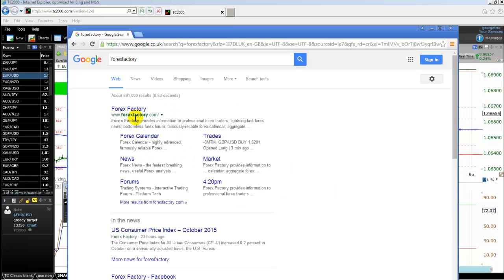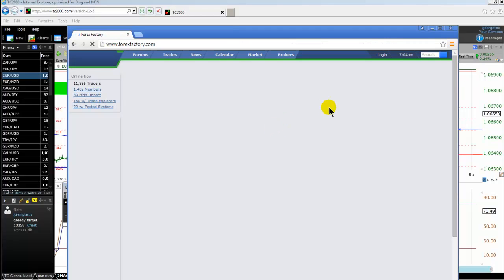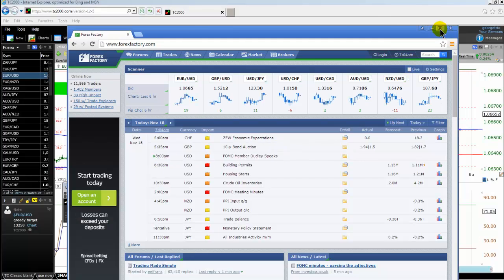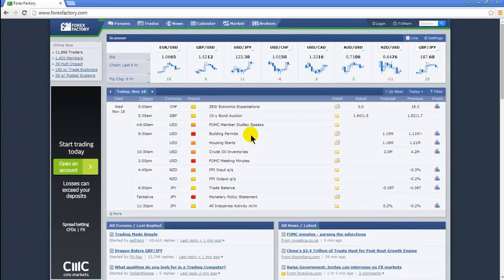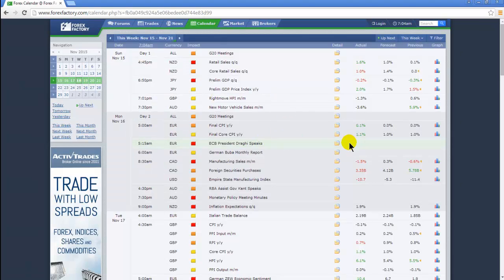Forex Factory, we want to check the calendar very fast and see what's going on today. So I click on calendar, www.forexfactory.com. This is for new traders, trade forex, or even stock. Check the economy news that can change the dynamics of the market.